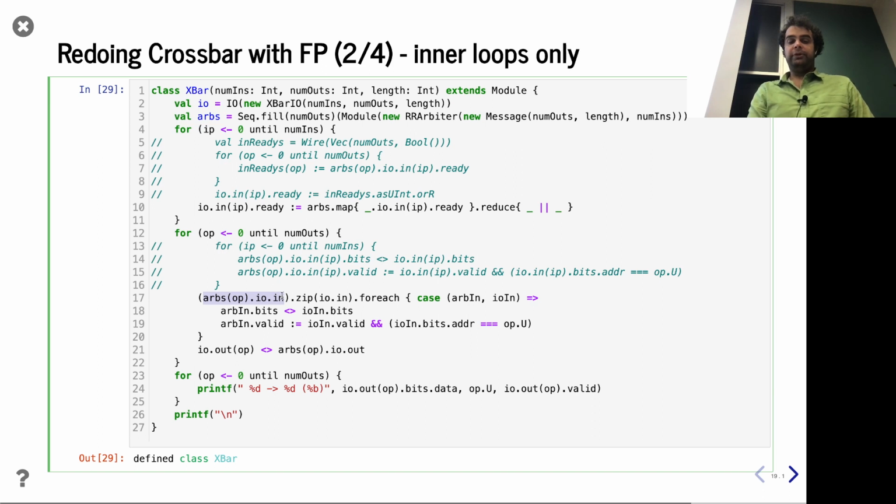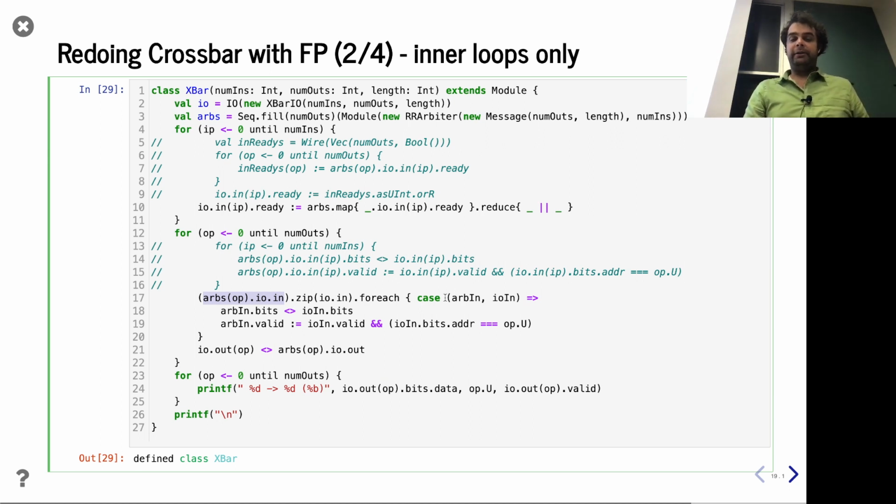The point is that what we're talking about as a collection is the inputs to this arbiter, right? This arbiter has a collection of inputs. That's the collection we're talking about. The other collection is the inputs to this entire crossbar module. So the two collections, and we're zipping them together, and the result of a zip is, element by element, pairing them up into tuples. And that's what we get.